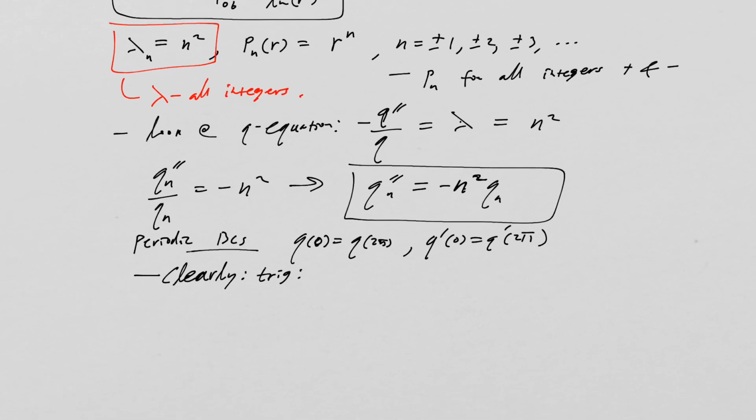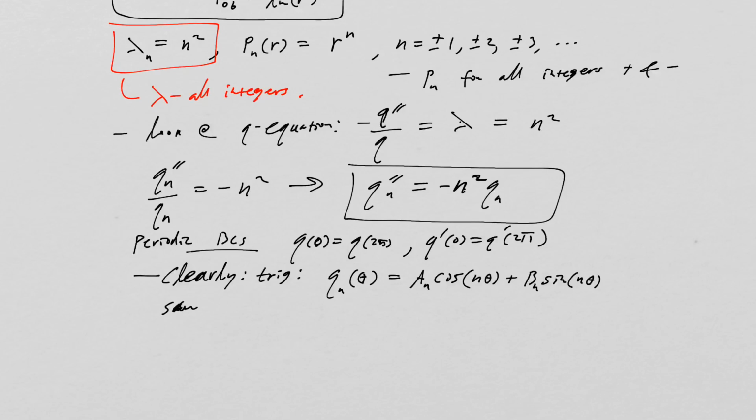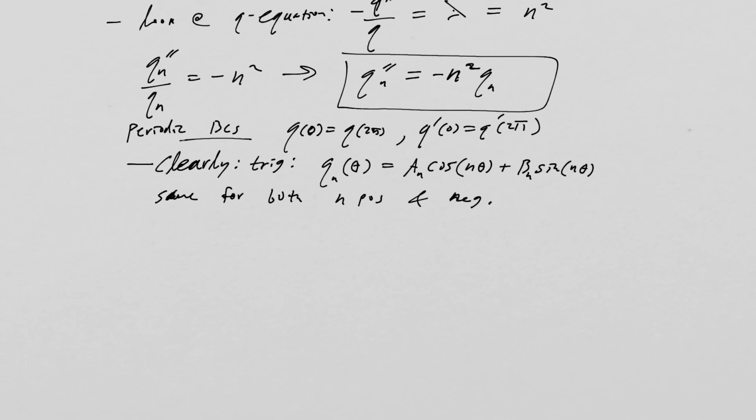So what we have here is Qn of theta has to be equal to an cosine of n theta plus bn sine n theta, right? And it seems like this is the same for both n positive and negative. So we have the same sort of solutions. So what we want to do now is just plug all this together. So now we have to put P and Q together.